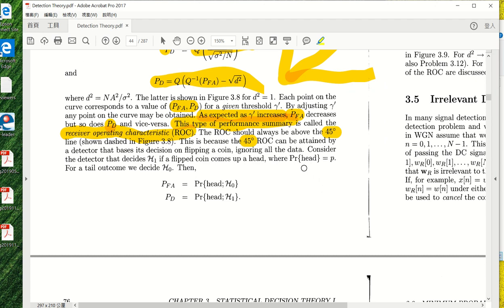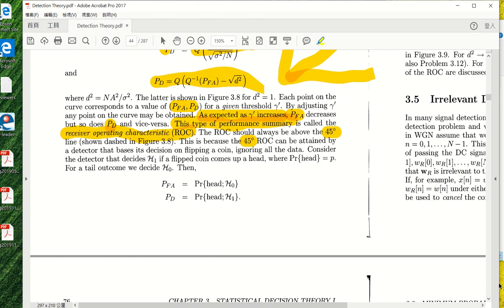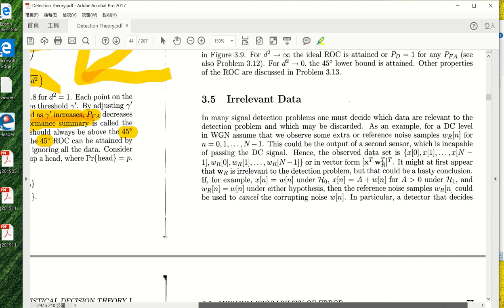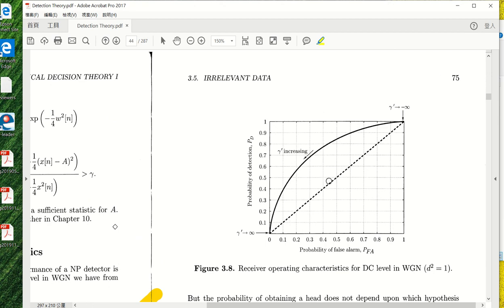Consider a detector that comes up with a head, and we have something like this. Conditional on H0 it is a head, or conditional on H1 it is a head, and of course under this kind of detector, you actually get this curve, right?